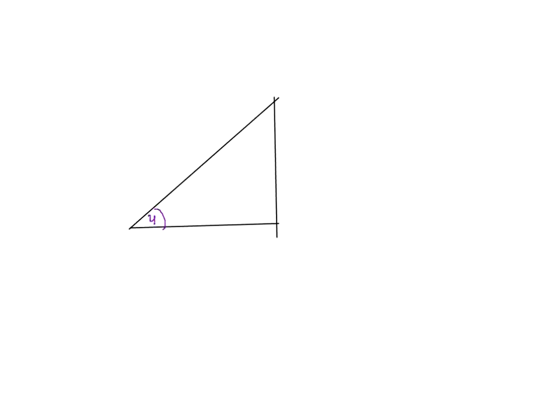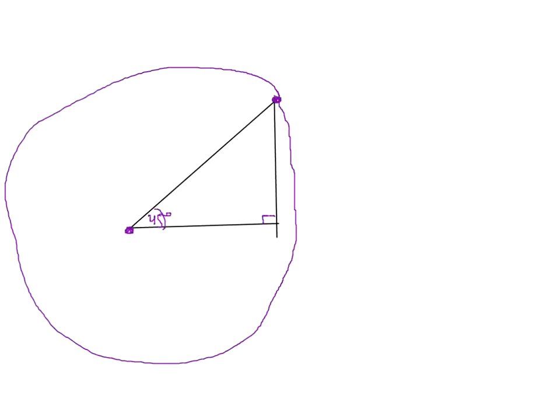Okay, so this we know is going to be 45 degrees. We know that it's a 90 because I'm dropping my line straight down on the unit circle. So here would be the outside of my unit circle. Please forgive my horrible drawing.